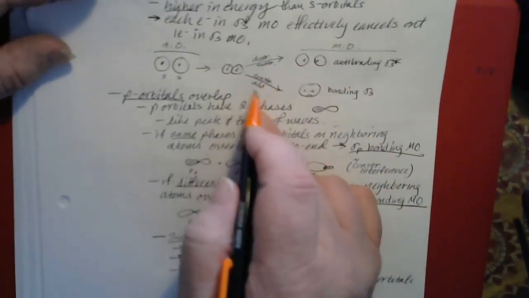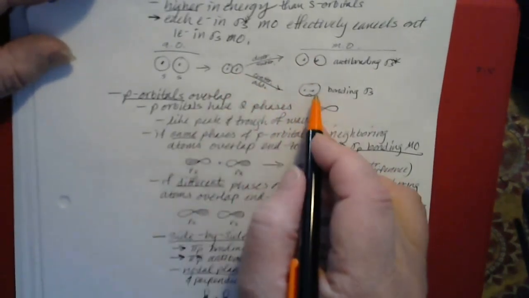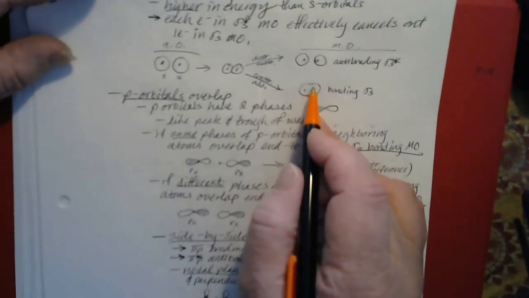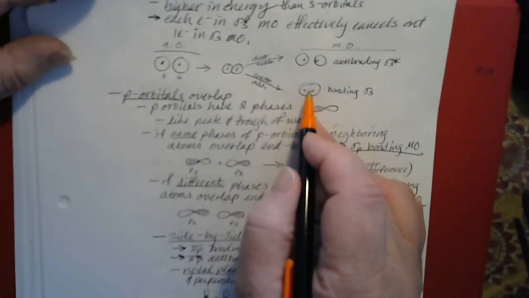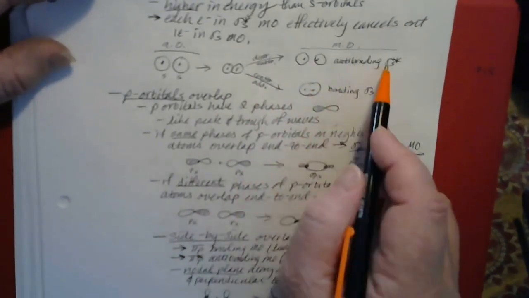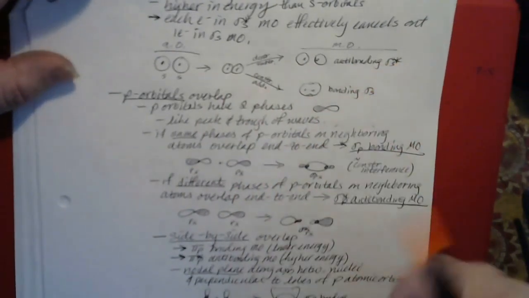Whereas constructive interference, or addition of the two orbitals, leads to a blob-shaped thing where most of the electron density is between the nuclei of the atoms. That is a bonding molecular orbital. So anti-bonding would be sigma star s, and bonding would be sigma s.